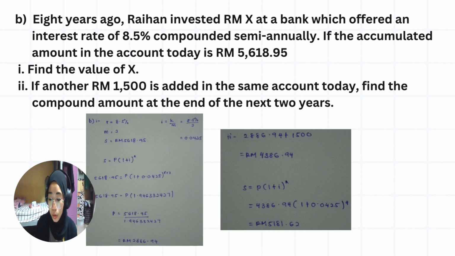And we use the formula S equals P in bracket 1 plus i, power of n. And 4,386 ringgit 94 cents in bracket 1 plus 0.0435 power of 4.